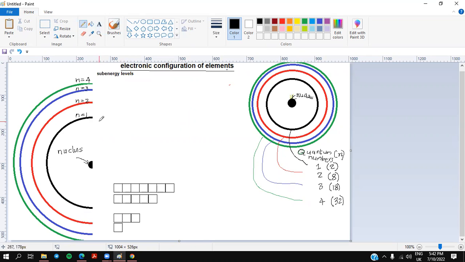I told you the first quantum number has only one sub-energy level. And that sub-energy level is called the s sub-energy level.